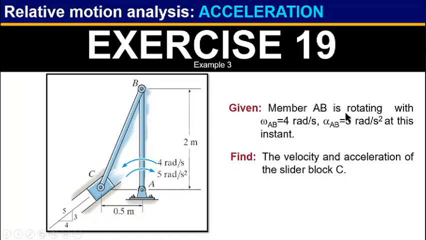Alright, for the third example, exercise 19. Member AB is rotating with omega AB equal to 4 radian per second, alpha AB equal to 5 radian per second squared. At this instant, find the velocity and acceleration of the slider block C. Please find the velocity and also acceleration of the slider block C. For this example, I would like you guys to do it by yourself.